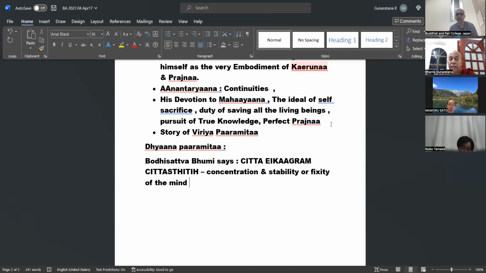Chittasya Aikagram, Chittasthiti. That is fixity or stability, stable-mindedness, fixed-mindedness. So this is called dhyana, right? And this is very important.